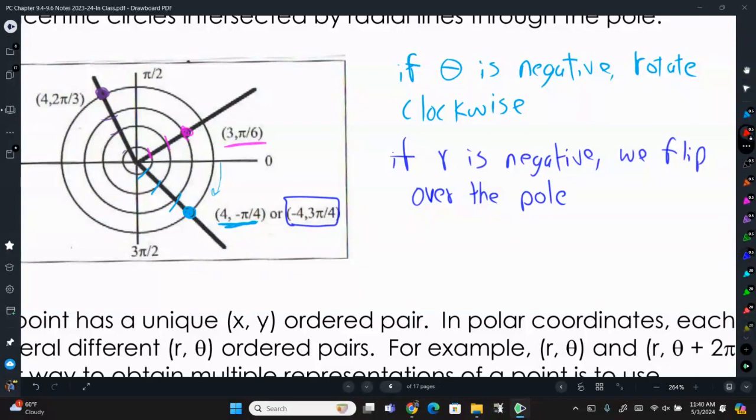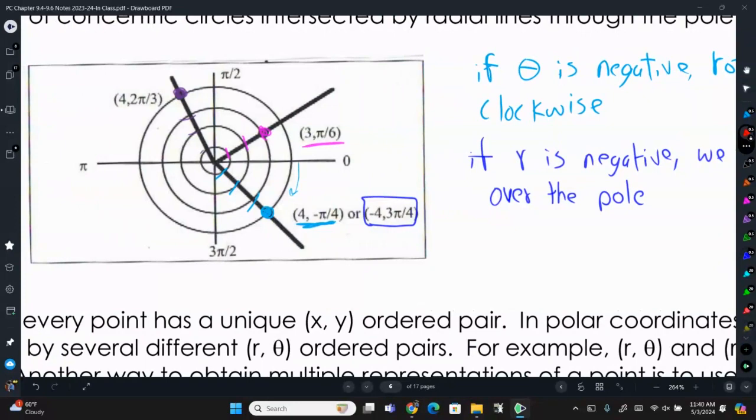So for that one, negative 4 comma 3 pi over 4, we would rotate positive 3 pi over 4, which would put us here in quadrant number 2. But then instead of going 4 units in this direction, because it's negative 4, we go 4 units in the opposite direction. So it would land at the same spot.